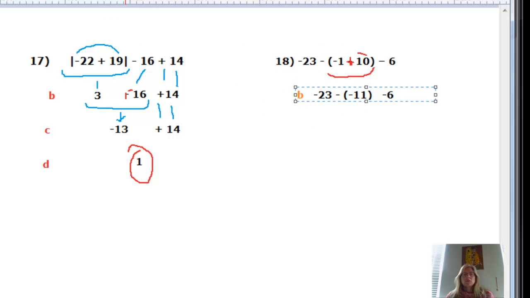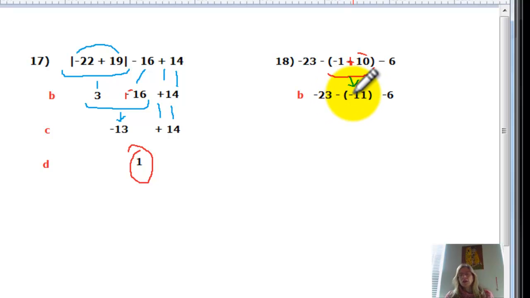And then our next part of the problem, because all I did there, once again, was solved in the parentheses. I kept the parentheses just to separate that subtraction sign from that negative. Alright, but I go along and I still do it in order from left to right. So what is negative 23 minus 11?